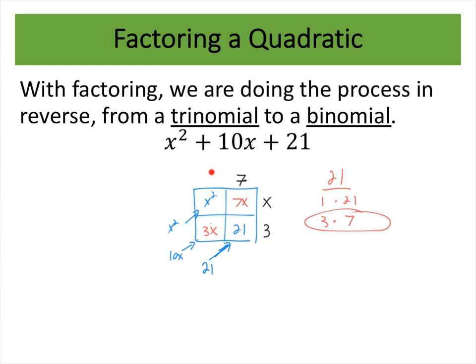And finally, something times 3 has to be 3x, so that something has to be x. And in factored form, we get x plus 7 times x plus 3.